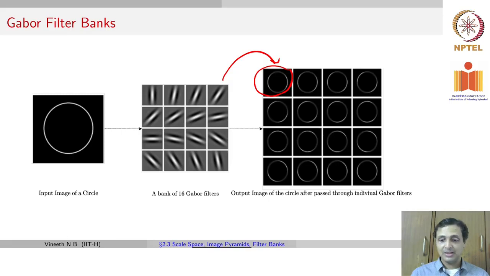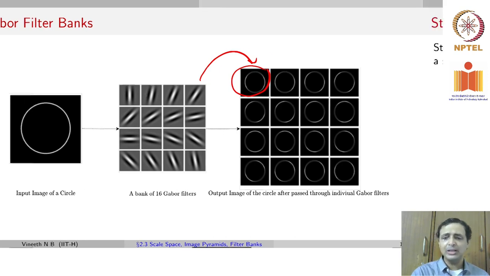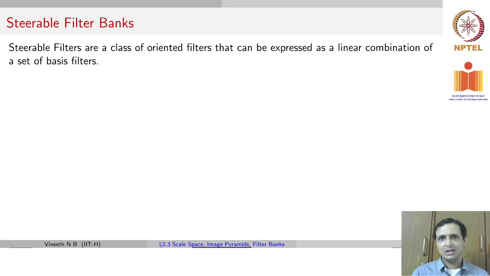In case of a circle, this simply seems to highlight a different perspective to the circle. But when you have more complex textures, each of these responses captures a certain dimension of that texture. And putting these together gives us an overall response of the image to different sets of orientations and frequencies.